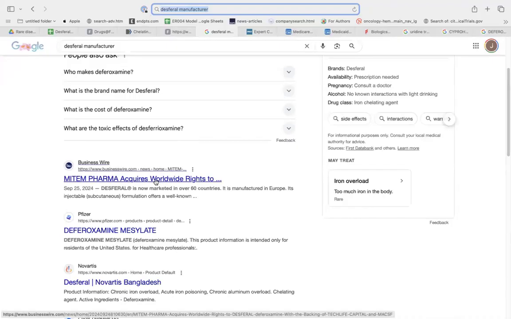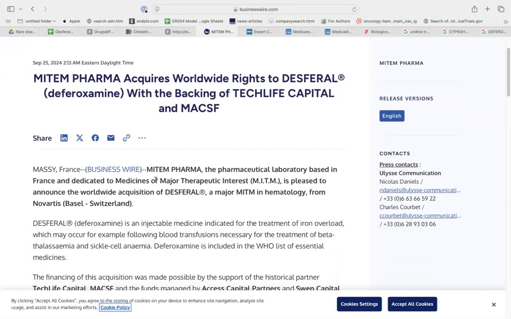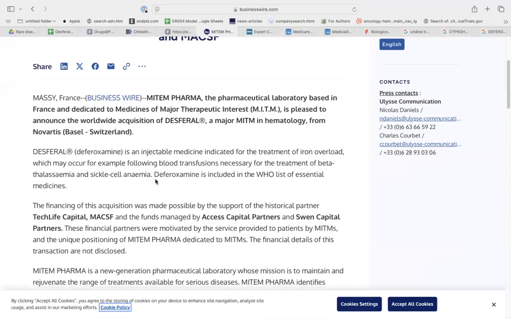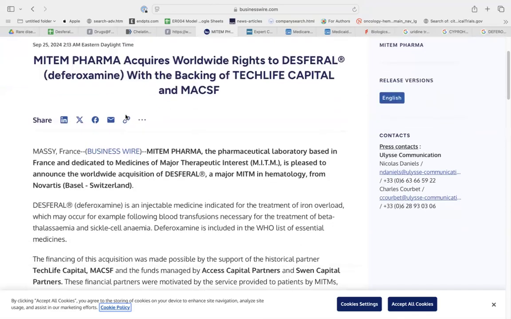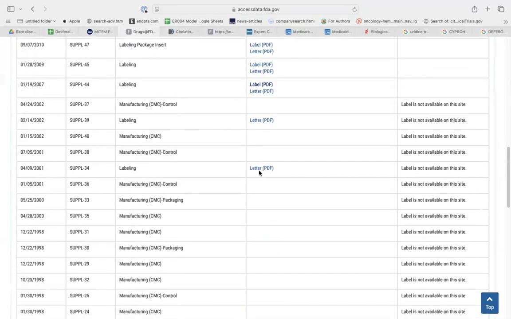Okay, it's Novartis. Sometimes the rights for drugs like these get passed around, licensed, right? Okay, so look at that. It was acquired by Mighty Pharma in 2024. Wow, would you look at that?